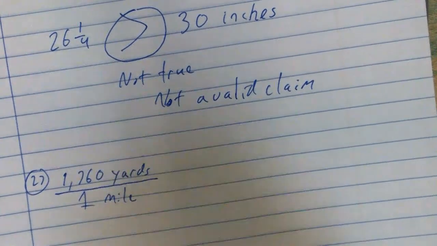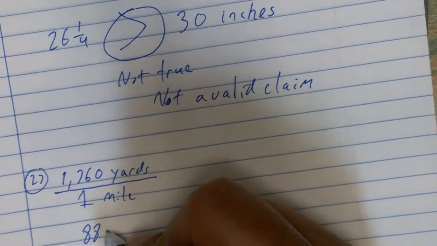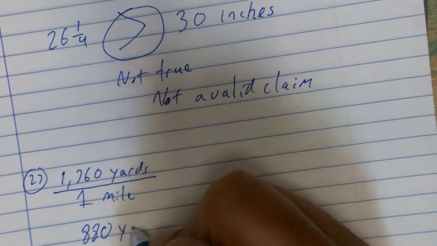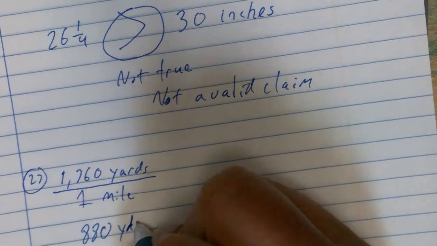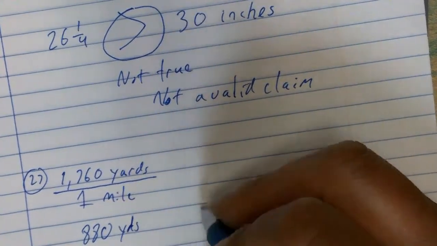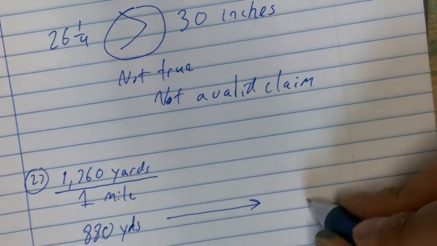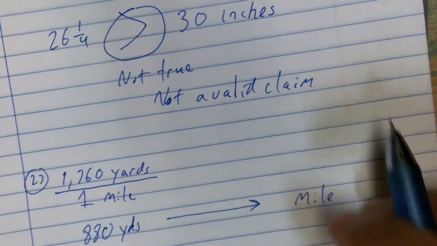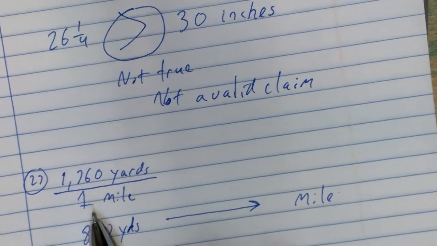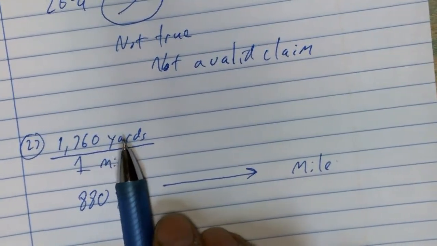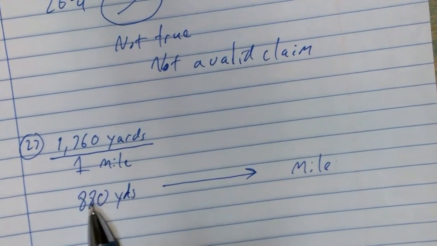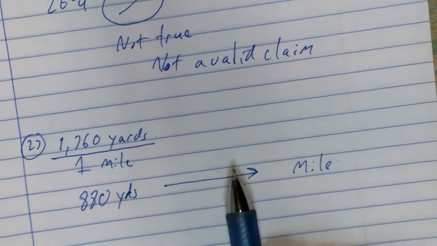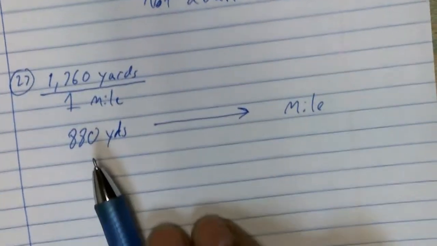Well then, if we have 880 yards, how many miles is that? Okay. So, looking at this, the yards is a smaller unit than miles. So we're taking a bunch of these yards and we're condensing them into miles. So the number will be smaller than this.